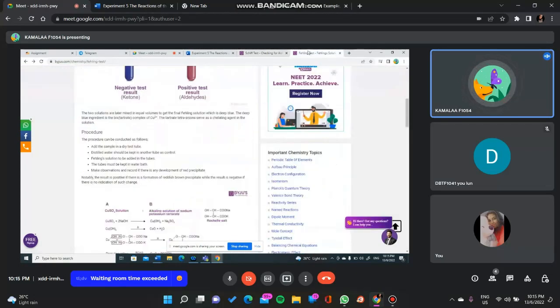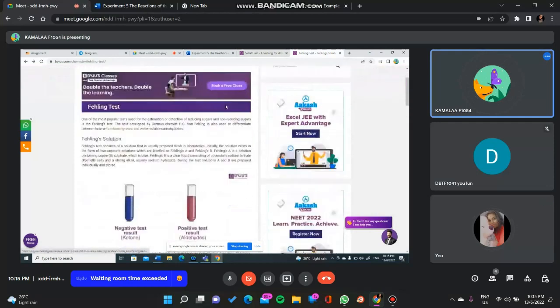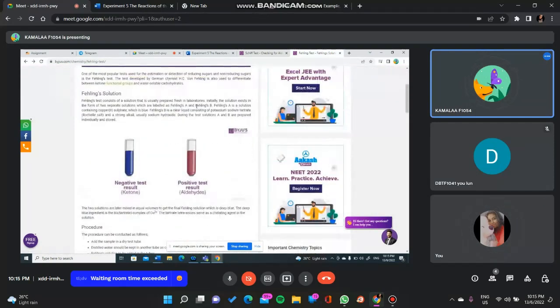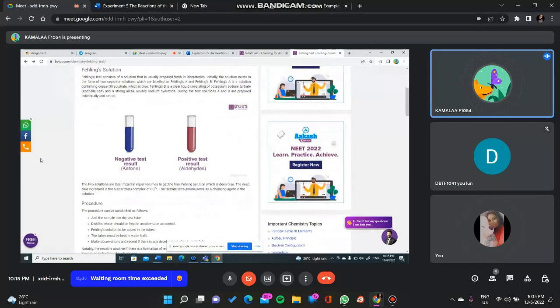And for Fehling's test, the two solutions are later mixed in equal volumes to get the final Fehling's solution, which is deep blue. The deep blue ingredient is the bitartrate complex of copper(II).